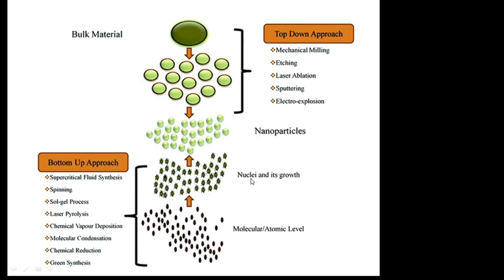Thereafter nucleation takes place, and nucleation leads to the growth of the beads, or you can say the particles, and you can stop the process of nucleation growth somewhere, where it reaches the nanophase. So the atomic phase, even smaller than nano, at the angstrom phase, and then you reach the nano, and you can stop there.